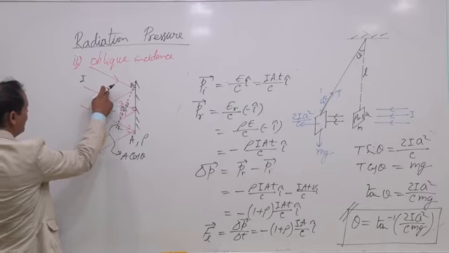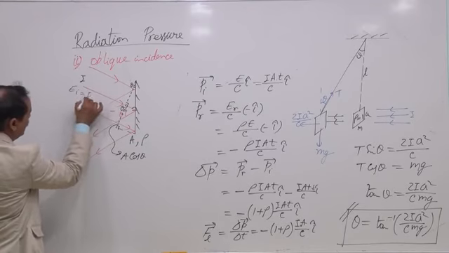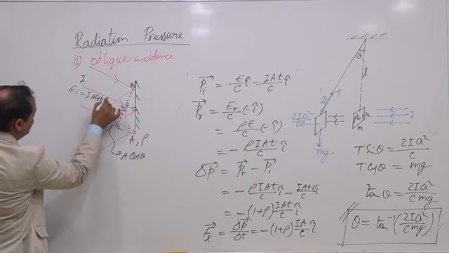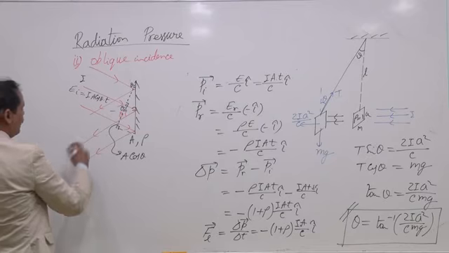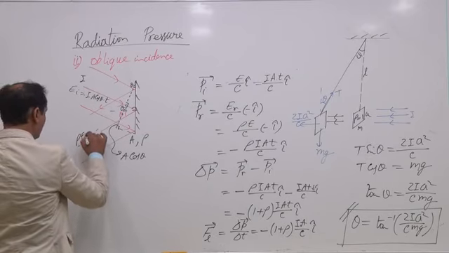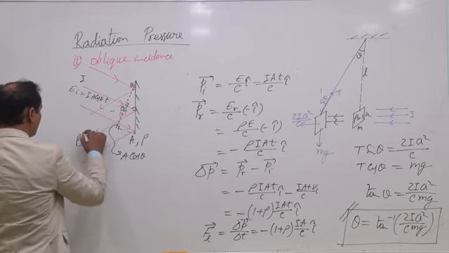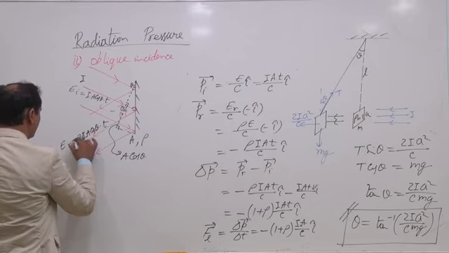So here we can write the incident energy E_I is equal to I A cos theta times T. This is the incident energy. The reflected energy is rho E_I, that is rho I A cos theta times T. This is the reflected energy.